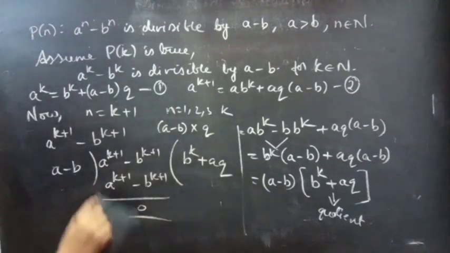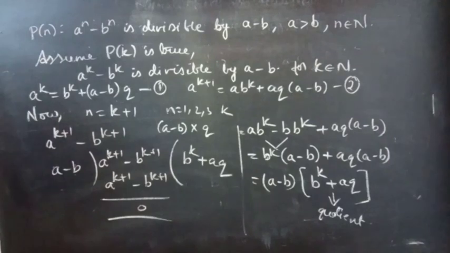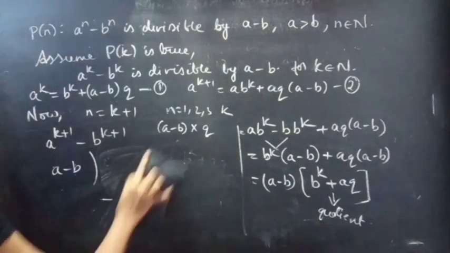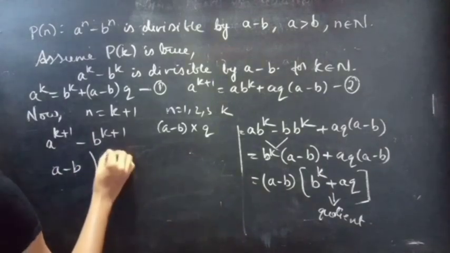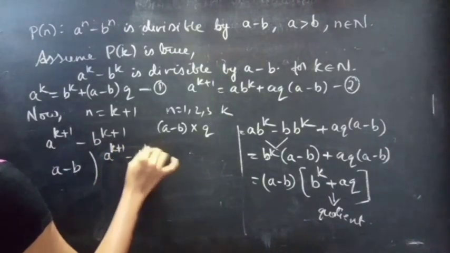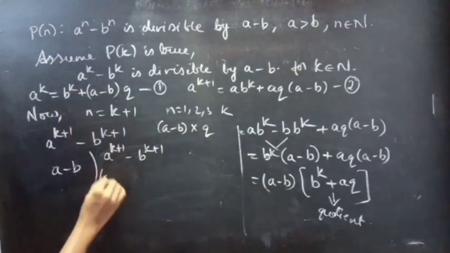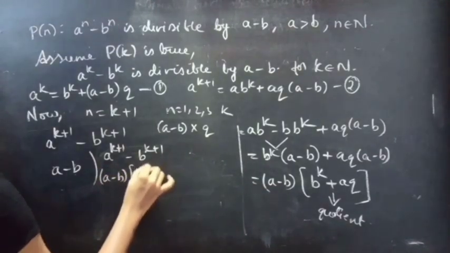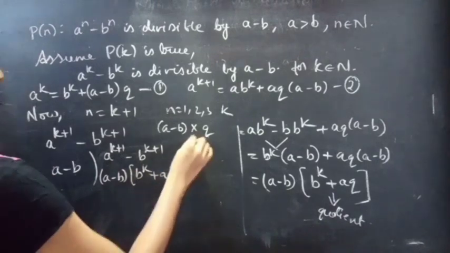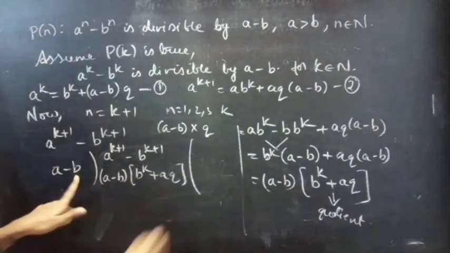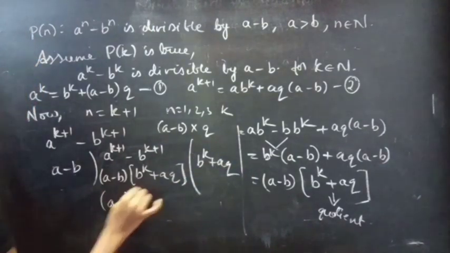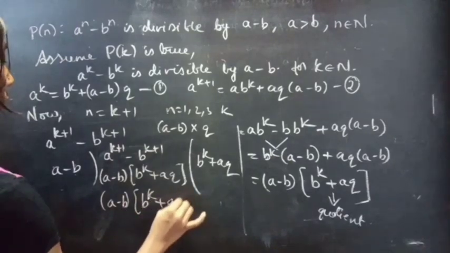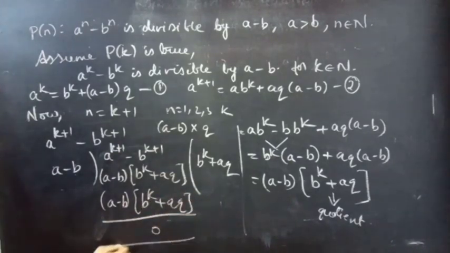Or in detail, since a power k plus 1 minus b power k plus 1 is a minus b into b power k plus aq, right? So a minus b into b power k plus aq gives a minus b into b power k plus aq, right? With the remainder 0.